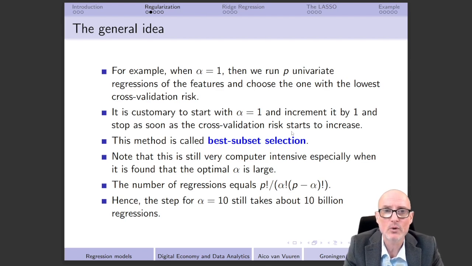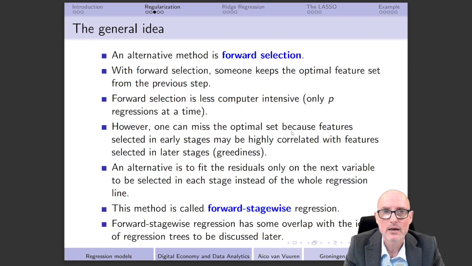But that's not the case for forward selection. The reason is that you could actually miss the best regression, because it may be possible that features selected in early stages are highly correlated with features selected in later stages, and therefore they may not be that interesting anymore to include.